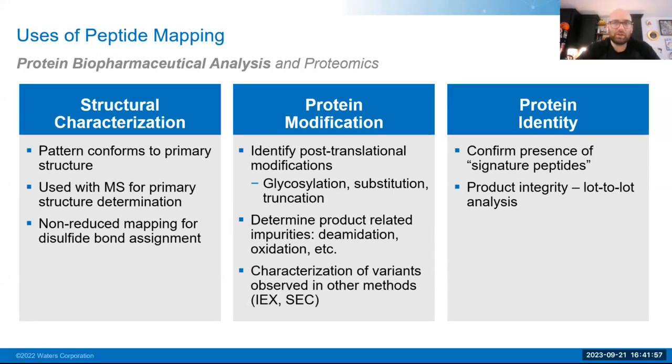It's very critical to have these stable chemistries that are able to add onto the front end of a mass spec with very little bleeding or anything along those lines that can obscure your mass spectrometry. It also allows us to identify a myriad of different types of protein modifications, from glycosylation to any sort of charge variants that you may see, and to leverage this to confirm your identity through a variety of confirmatory signature peptides, as well as determining lot-to-lot analysis for product integrity.